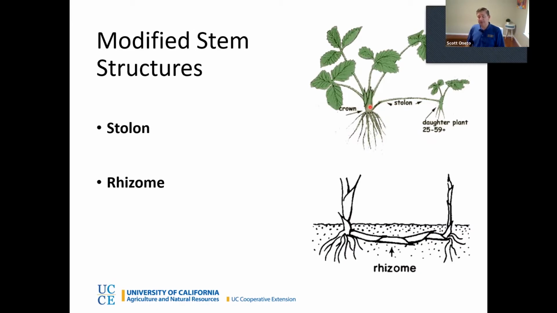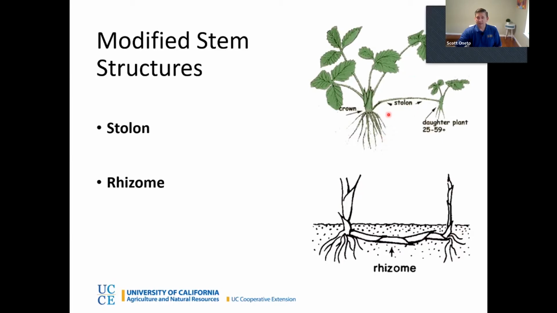And likewise, we can have underground lateral stems that send out runners to new plants, and those are called rhizomes. So in this case, we've got a parent plant here on the left. It sends out this little lateral underground stem called a rhizome, and then a new plant will pop up. So lots and lots of different examples of plants that have both of these.